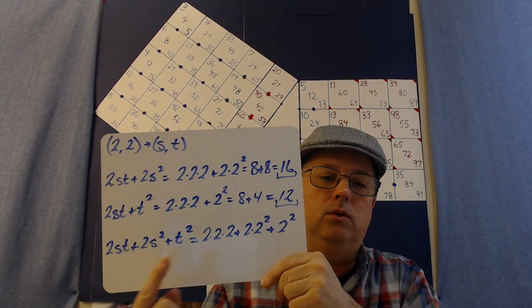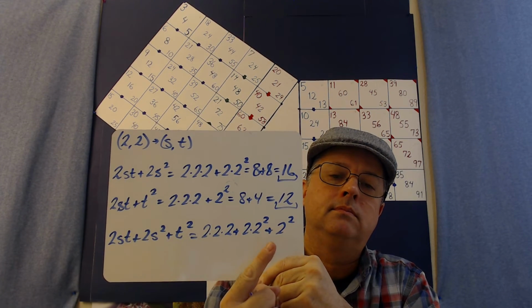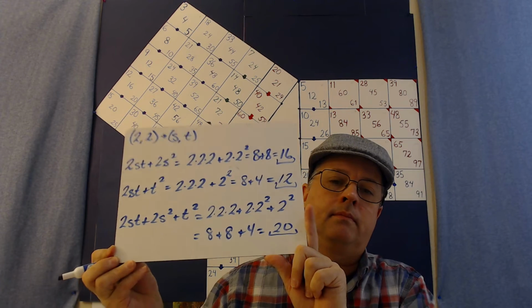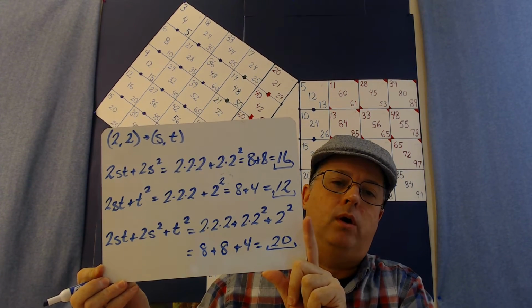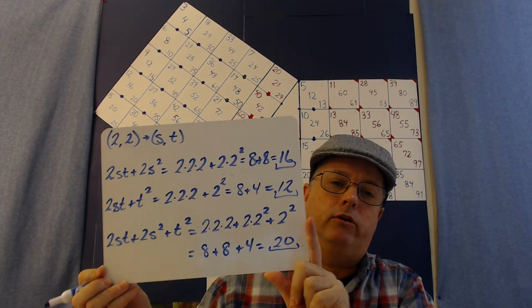And so that's 2 times 2 times 2 plus 2 times 2 squared plus 2 squared. Okay, so we've plugged in 2's everywhere. And once again, this gives us 8, and this gives us 8, and this gives us 4, and so we have 20. So this gives us the 12, 16, 20 Pythagorean triple.